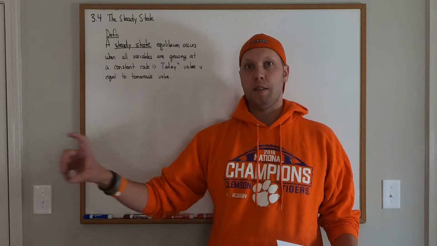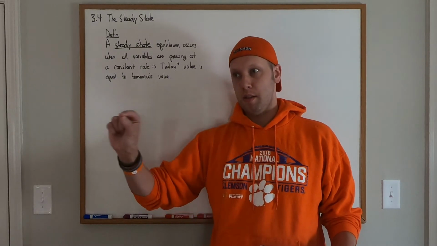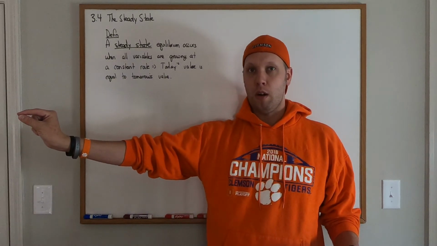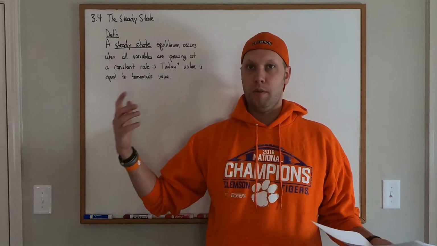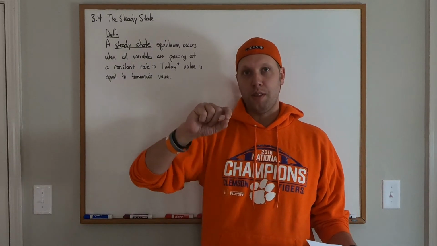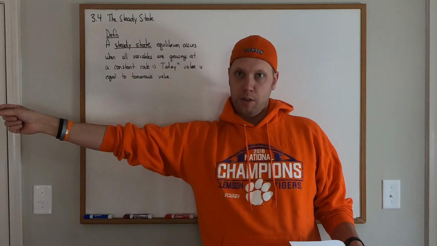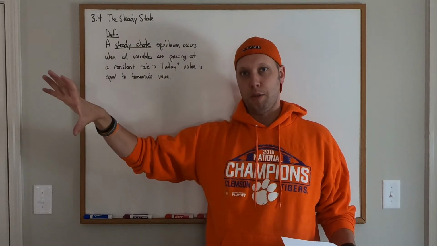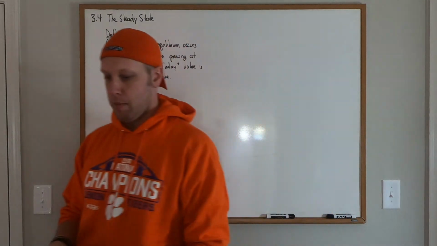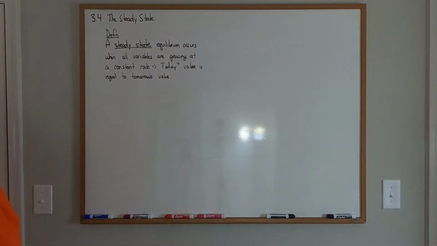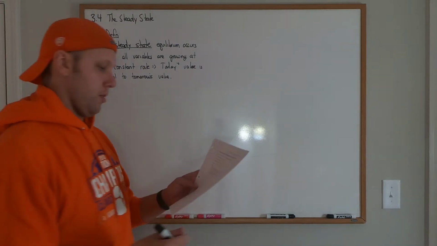We want them to be constant over time. So think of them as just moving along a flat line. If there is some sort of an economic shock that forces it out of that constant state, it'll eventually converge back to where it was, and we can see how the economy responds. That's going to be the point of trying to find the steady state in these types of models.